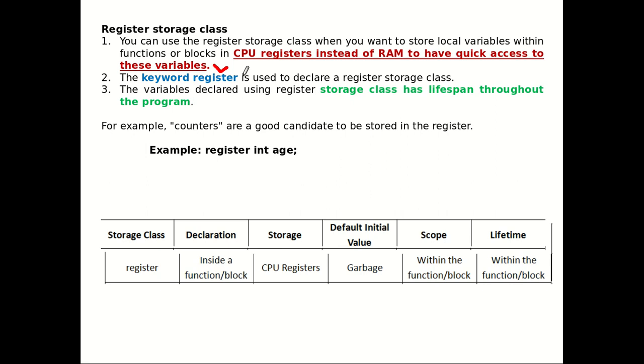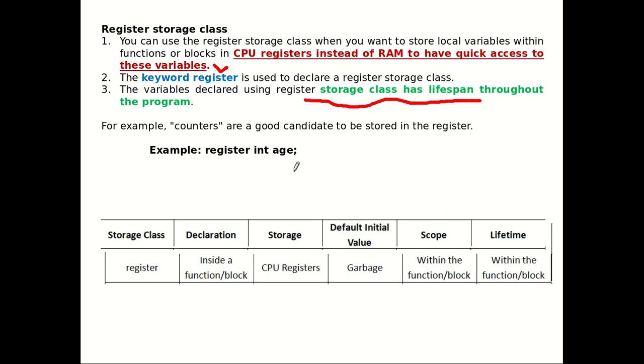If you want to store the content of a variable within the registers of the CPU, we declare that variable with the keyword register. The variable declared using the register storage class has a lifespan throughout the program. As soon as the program execution completes, the content of that variable will be destroyed.